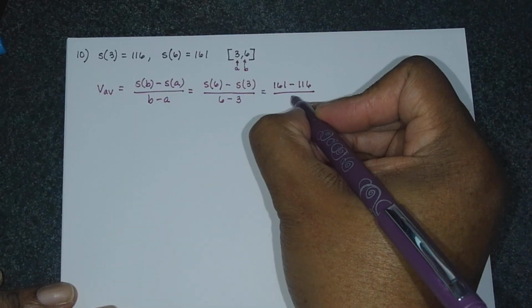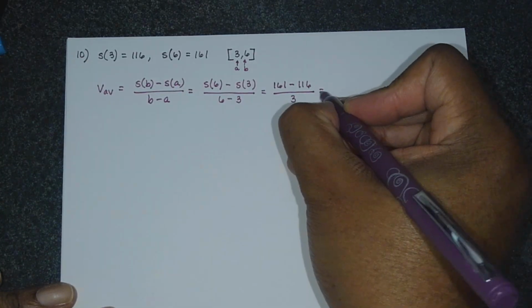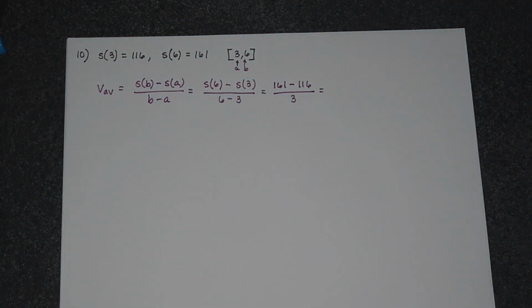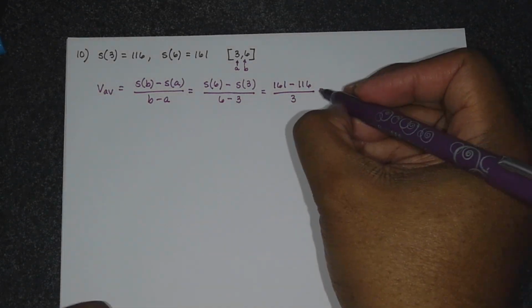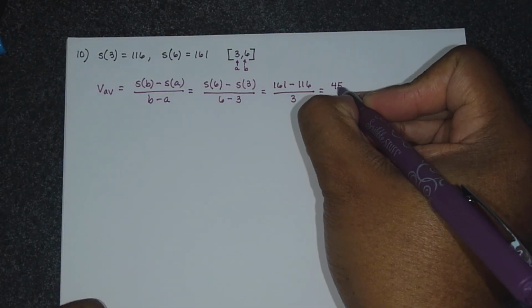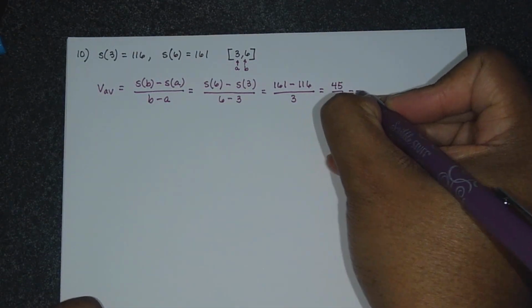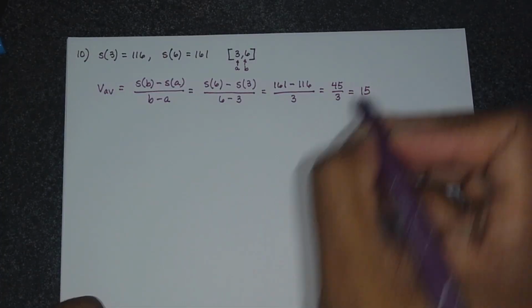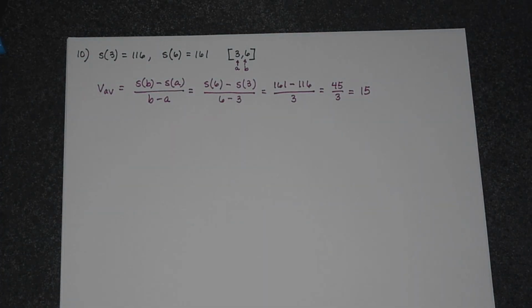Let's do 6 minus 3, which is 3. Now, what's 161 minus 116? 45 over 3, and 45 divided by 3 is 15. And that's all there is to it. So the average velocity of the object over the interval of time from 3 to 6 will be 15.